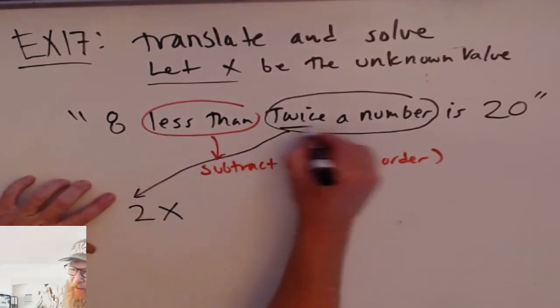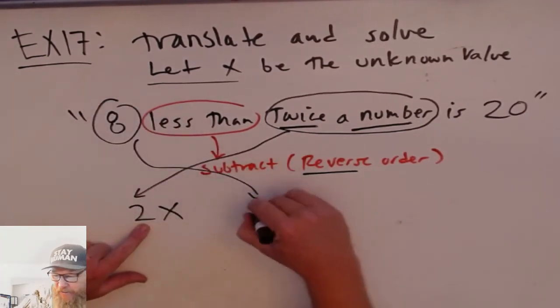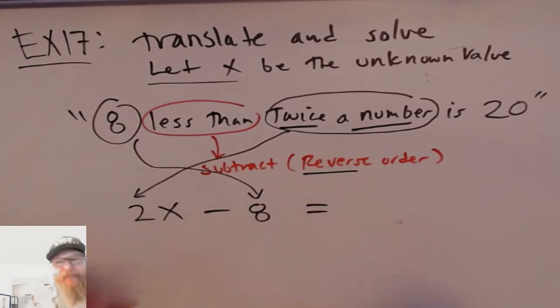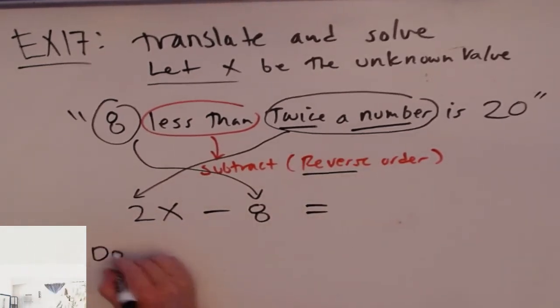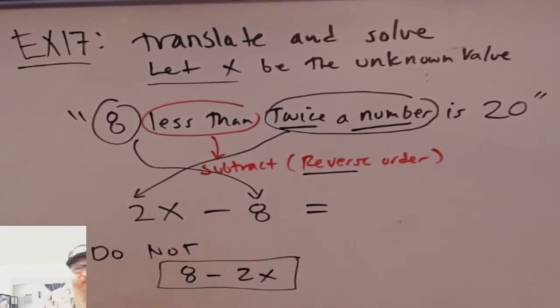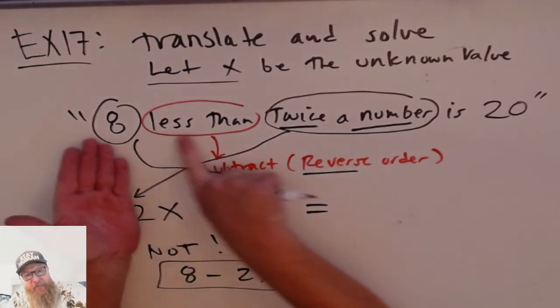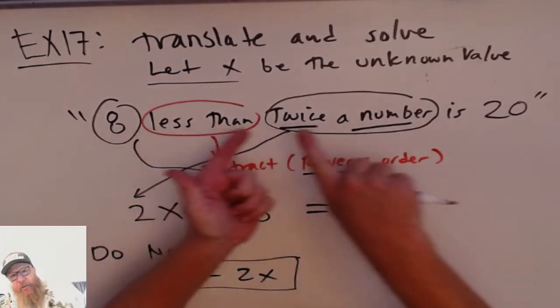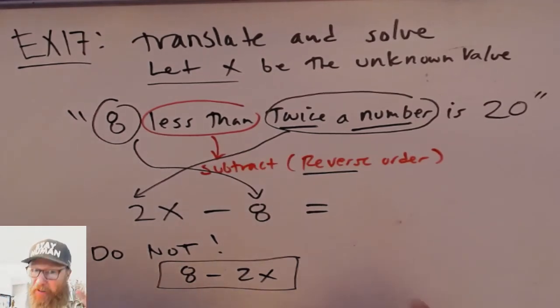Twice a number means multiply by 2, and then do 8 less than. Do not write it like this. That's the way it looks if you're just reading it: 8 less than twice a number, and your brain says 8 minus 2x. Some of you fell for that on the last one. Don't fall for it again.